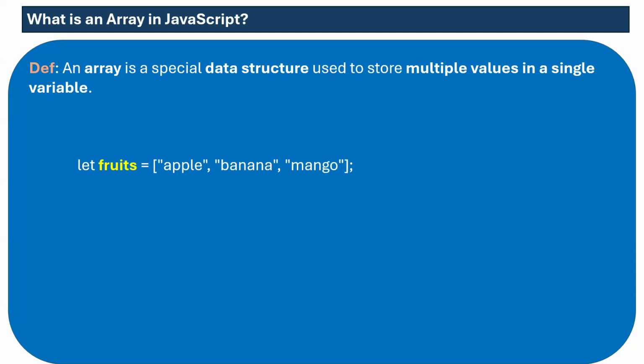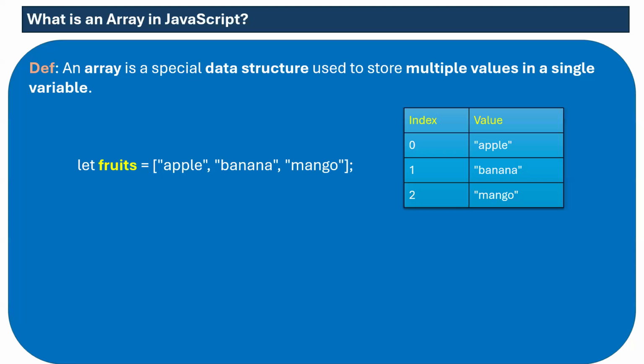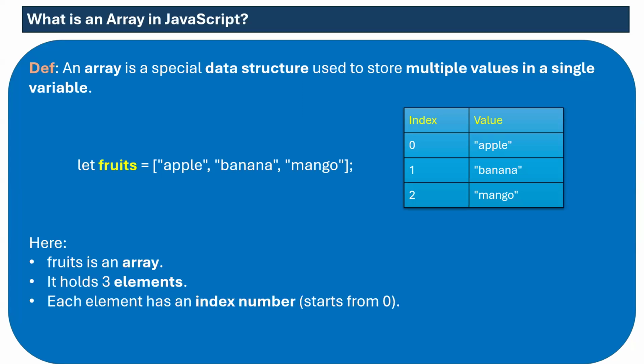And whenever you declare an array, similar to C or Java or Python, it will sit in an index fashion. So this is the index fashion. In index 0, apple will be saved, in index 1, banana will be saved, and in index 2, mango will be saved. Now in this above code snippet, fruits is an array.